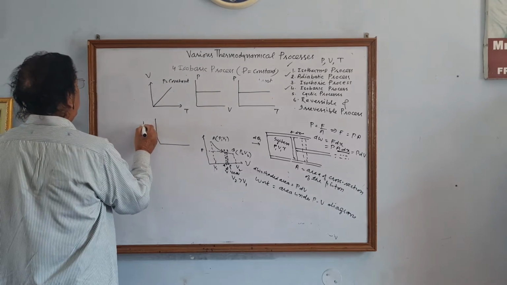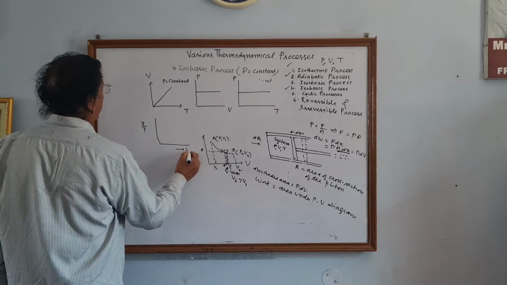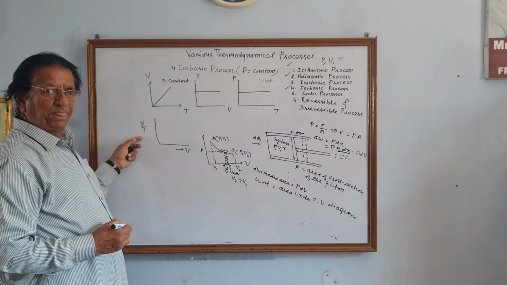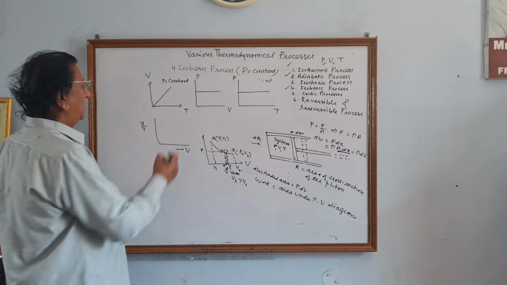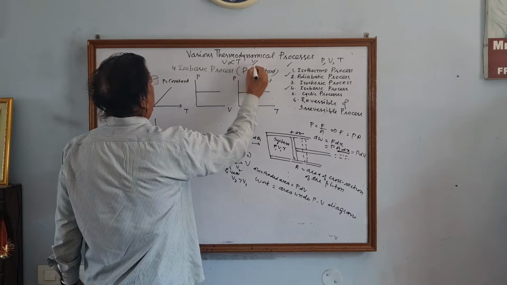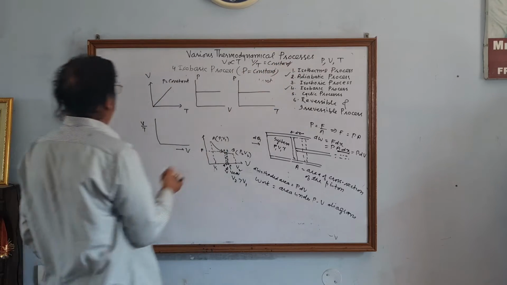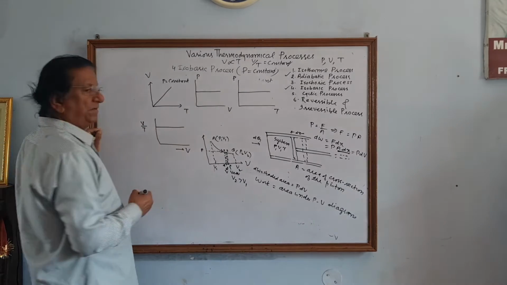Number 4, if you take the graph between volume and V by T, as pressure is constant, V proportional to T means V by T is constant. Therefore, this graph will be parallel to the volume axis.